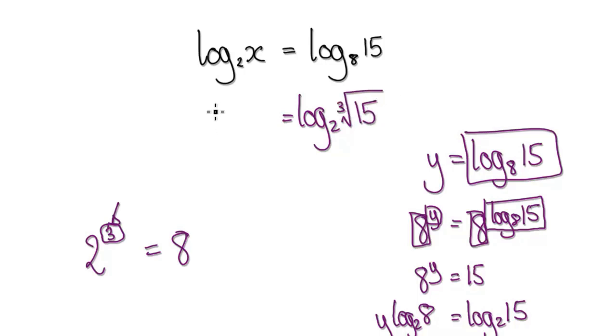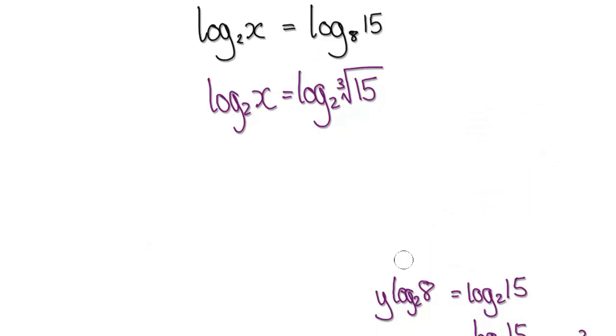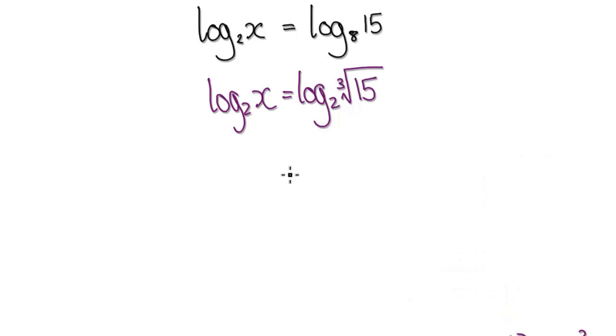So now we've got this thing here, log base 2 of x. So we're trying to solve for x. So once you're here, notice that this is base 2, this is base 2. Now, let me just clear this up. So once you're here, now exponentiate both sides with base 2. So it would be like this, 2 to the power of log base 2 of x.